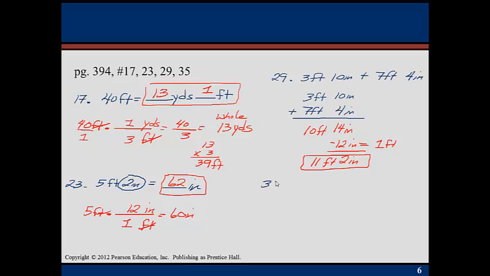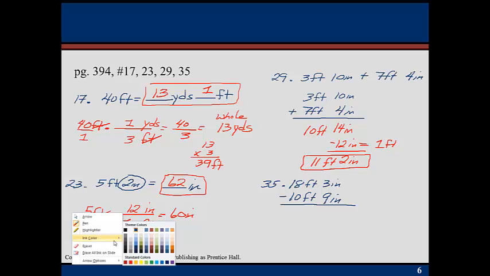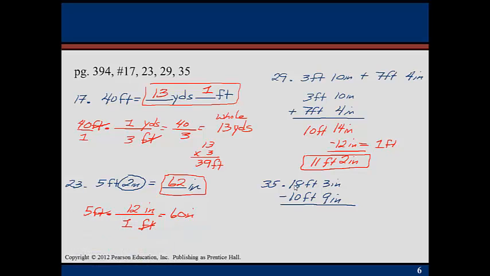And then number 35. It says 18 feet, 3 inches, minus 10 feet, 9 inches. This time we're subtracting. However, we cannot do 3 minus 9, so we need to borrow. We're going to borrow from the 18 feet.